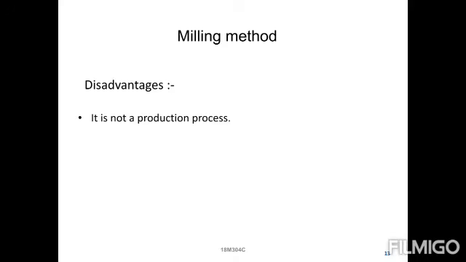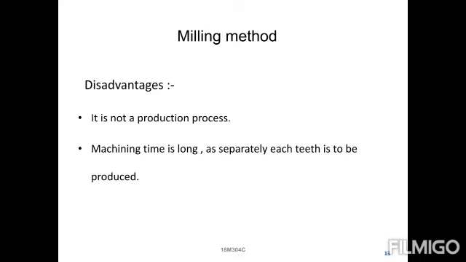But gear cutting by milling has this disadvantage: it is not a production process. A production process takes less time to finish each gear, but here we need to cut each and every tooth continuously.